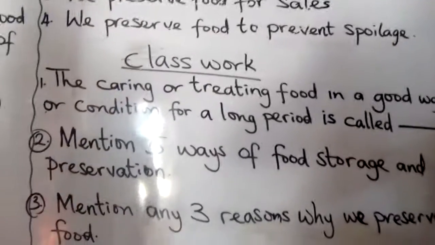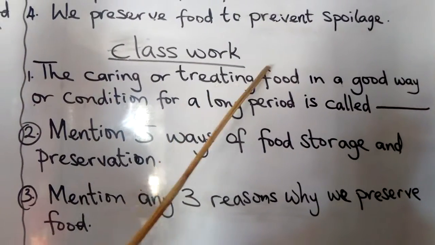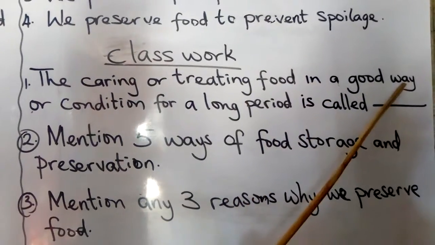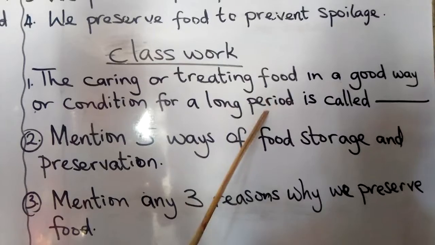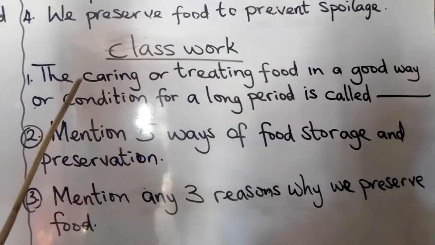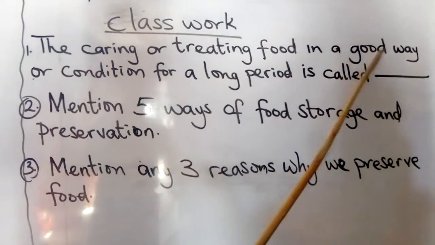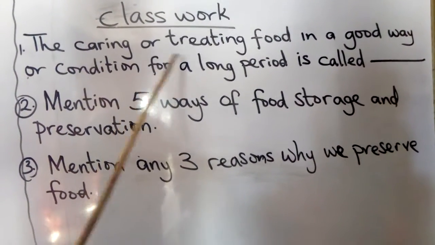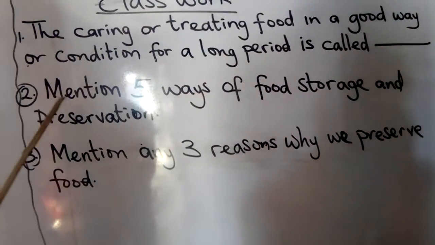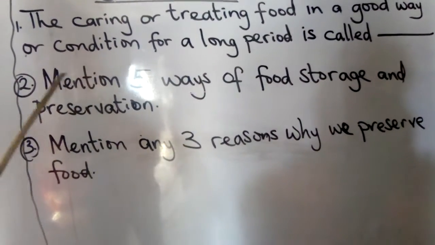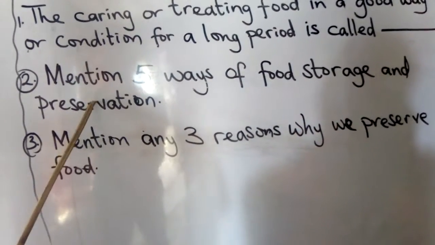Class work. Number 1, the caring or treating of food in a good way or condition for a long period is called dash. Number 2, mention 5 ways of food storage and preservation.